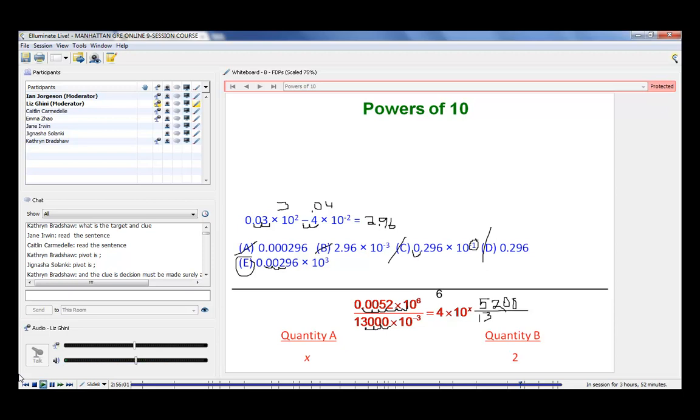All right. 5,200 over 13 equals 4 times 10 to the x. What can you pull out of that? What do you know about 52 and 13?